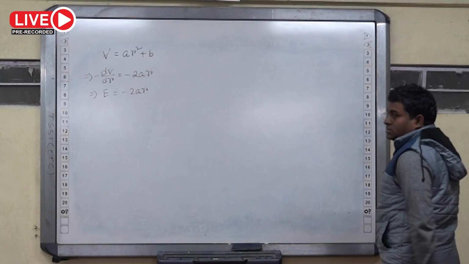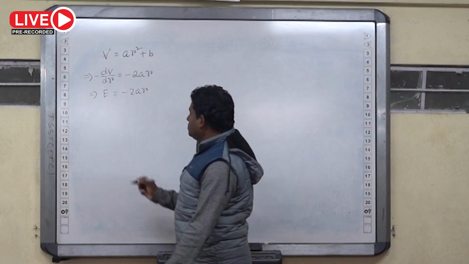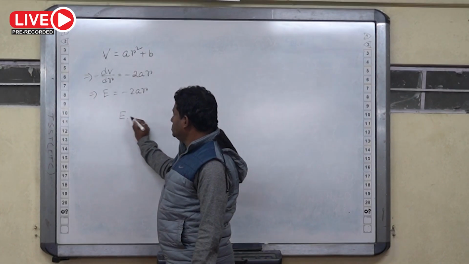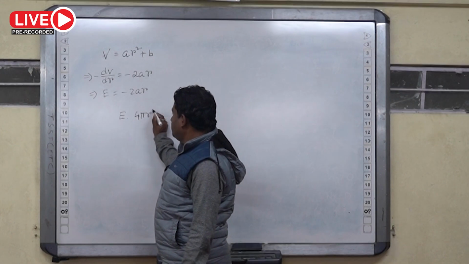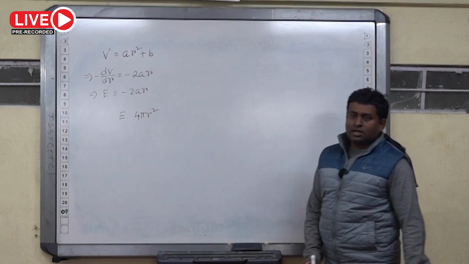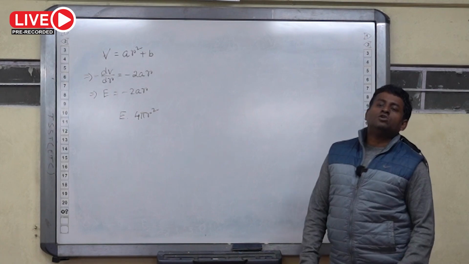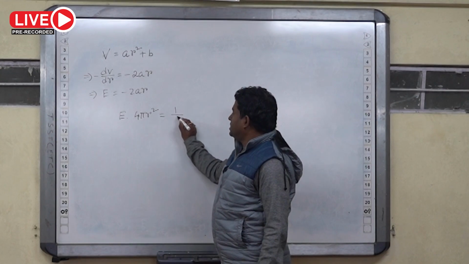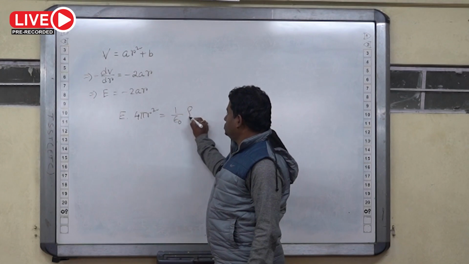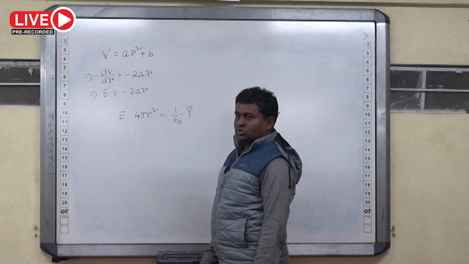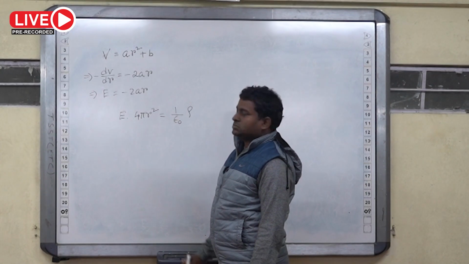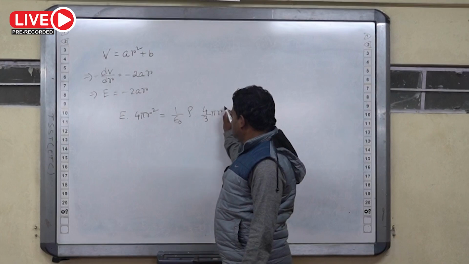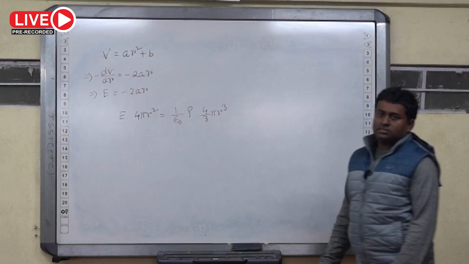Now come to Gauss's law. This is a spherical surface, so E into surface area 4 pi r square is the flux coming out through the sphere. That is equal to Q by epsilon naught. So it can be written as 1 by epsilon naught into charge density rho into volume, four by 3 pi r cube.